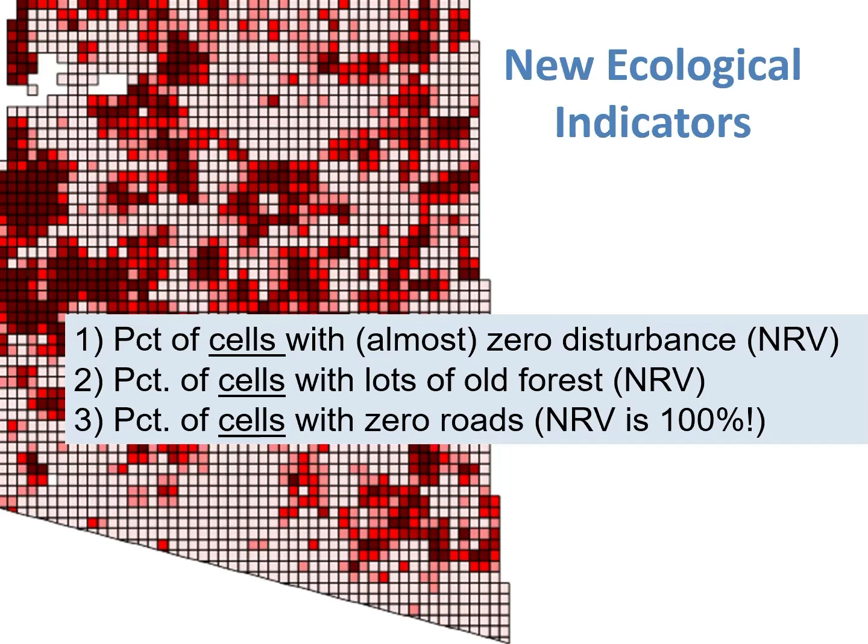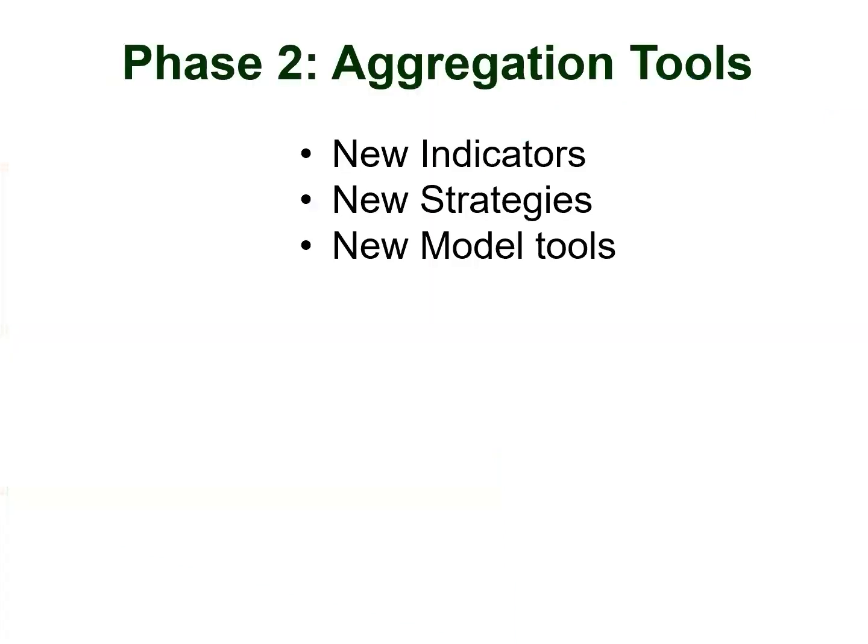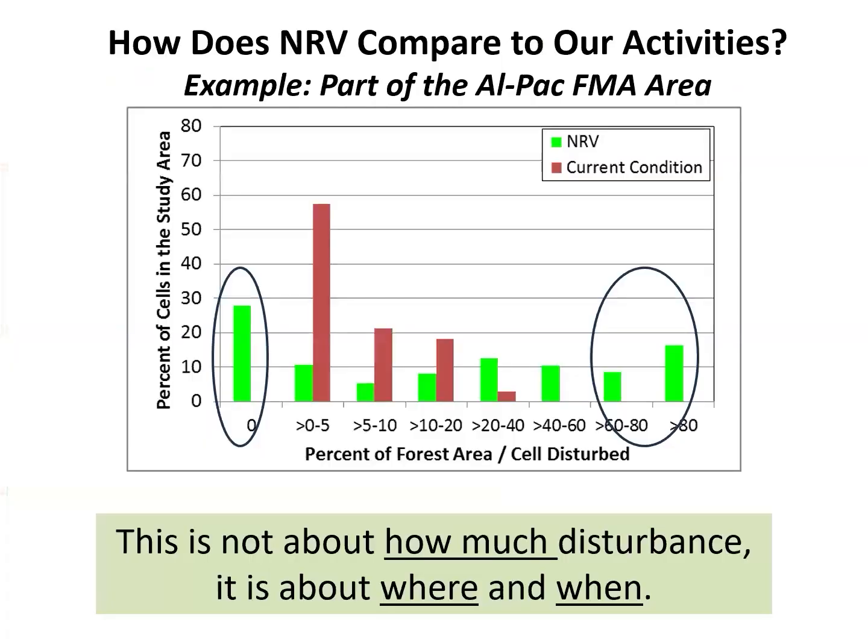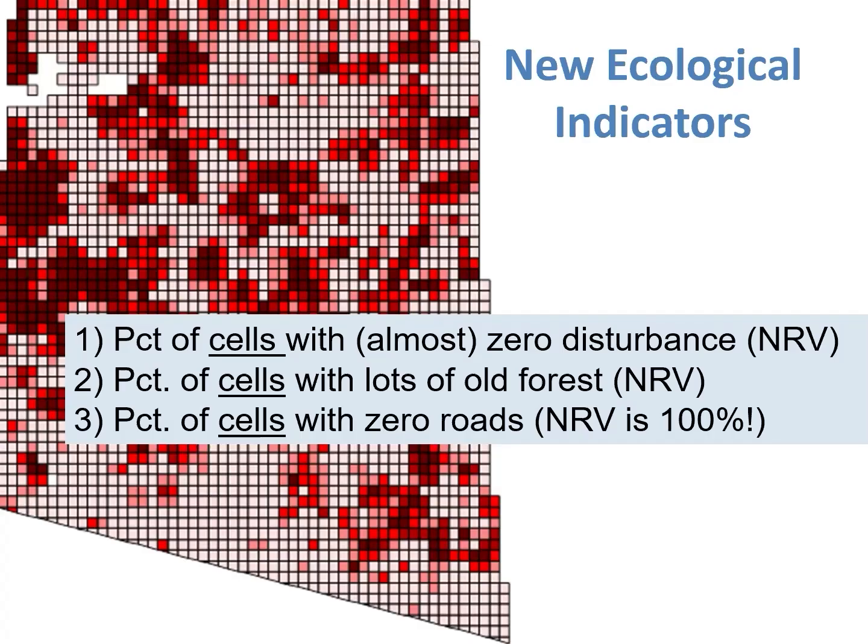And I'm really only going to focus here on the extremes. We don't need to do a fancy frequency distribution. If we capture the number of cells with zero disturbance, that's going to give us a pretty good idea of how we're distributing disturbance in terms of whether it's clustered or whether it's uniform. Right now, remember back to this one, that zero, we're not representing it very well.